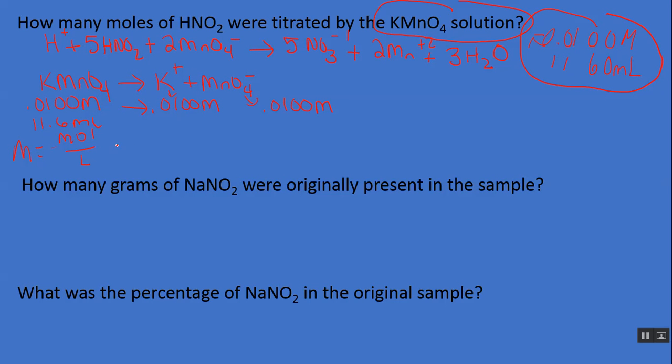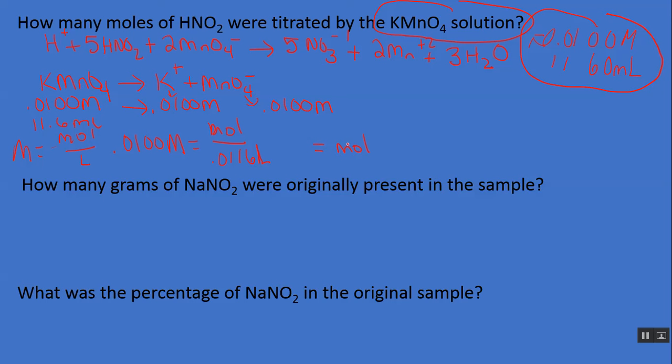We know that the molarity of the permanganate in this problem is 0.0100 molar. We do not know moles, but we do know liters. We technically know milliliters, but we can convert that to liters, and it just becomes 0.0116 liters of solution, which we can simply convert to moles.